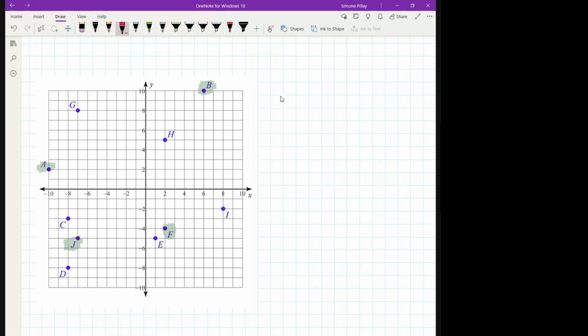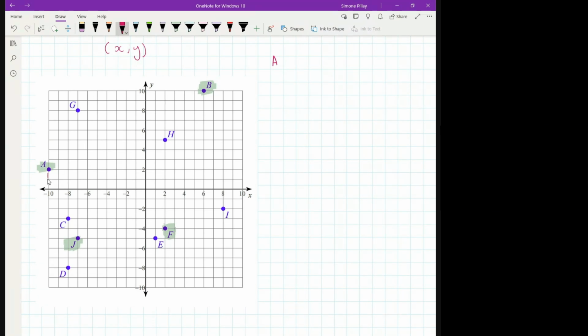So if I'm looking at A, how am I going to figure out what is A's coordinates? Remember, we are always using this format, X and Y. So X first, then Y, always in brackets, always with a semicolon in the middle. Okay, so let's look at this.